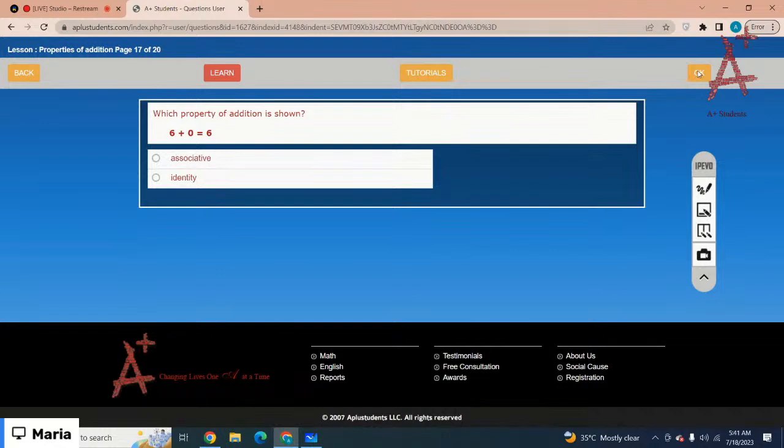Which property of addition is shown? Which is the correct option? Associative or identity? Adding 0 changes nothing. So that is the identity.